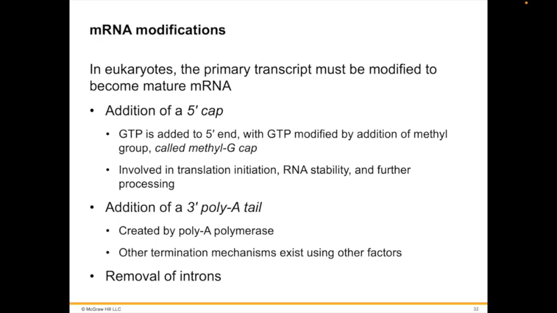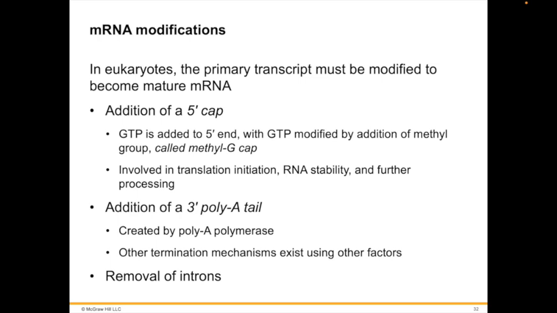The transcript is cleaved downstream of a specific site, AAUAAA, while the polymerase is elongating, and a series of 100 to 200 adenosine residues, the 3' poly A tail, is added to the mRNA. This is referred to as polyadenylation.